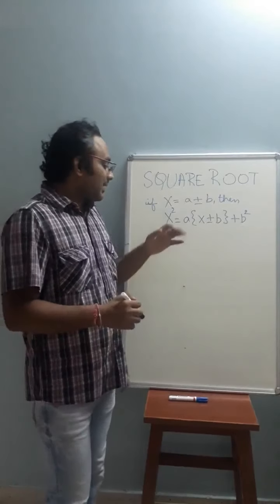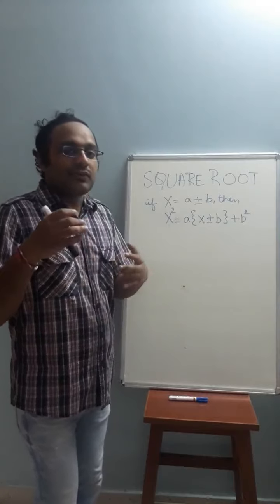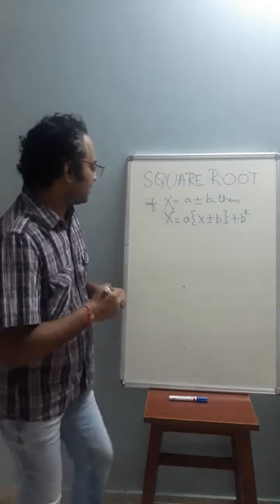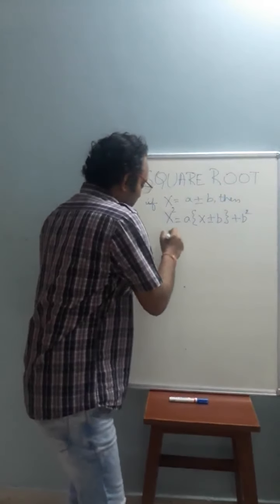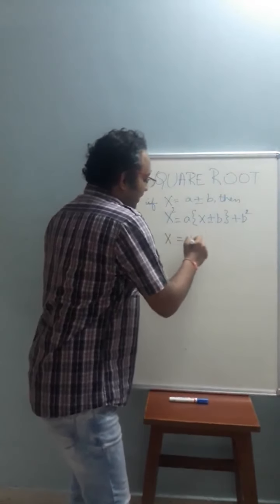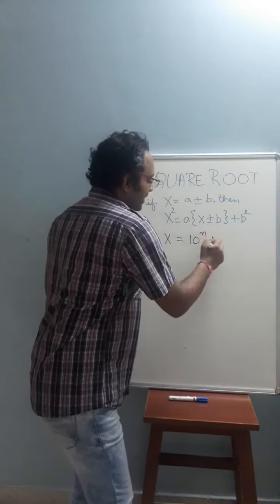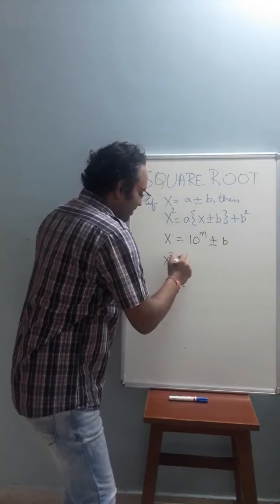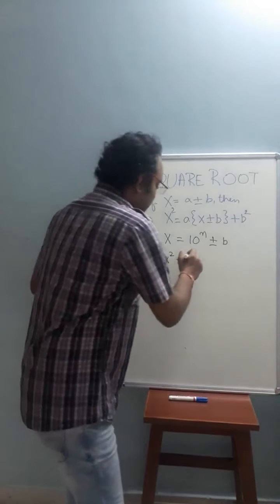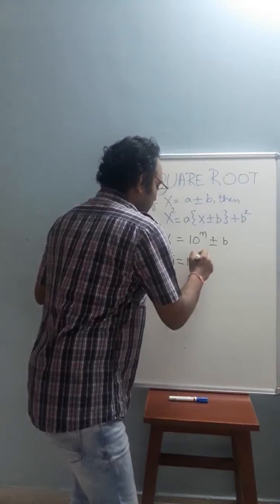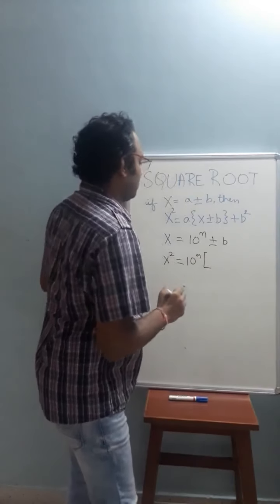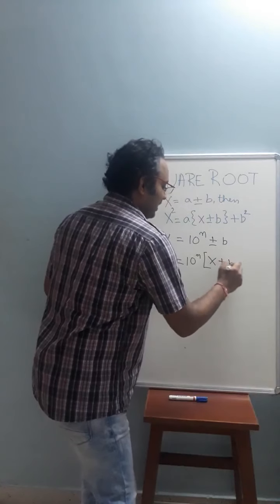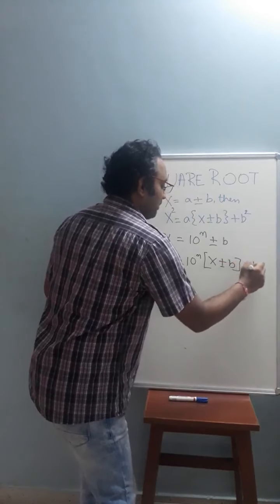Now let a be 10 to the power of n and see how does x square behave. If x is equal to 10 to the power of n plus or minus b, then x square is equal to 10 to the power of n into x plus or minus b plus b square.